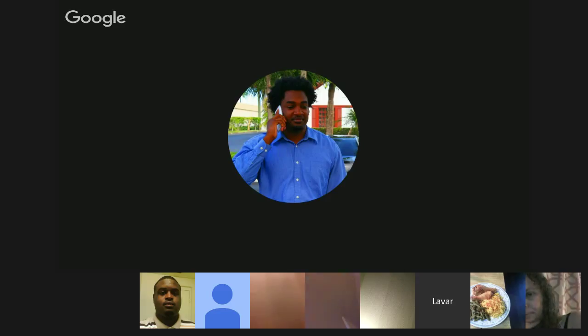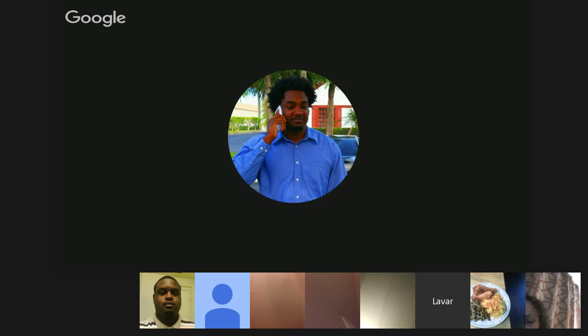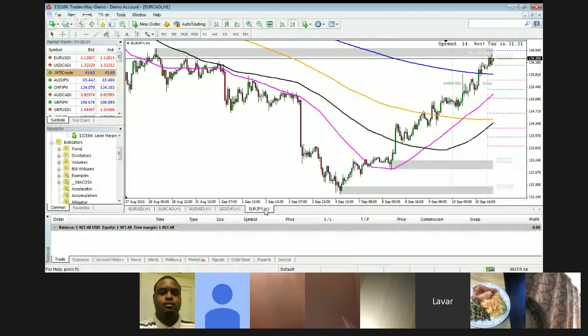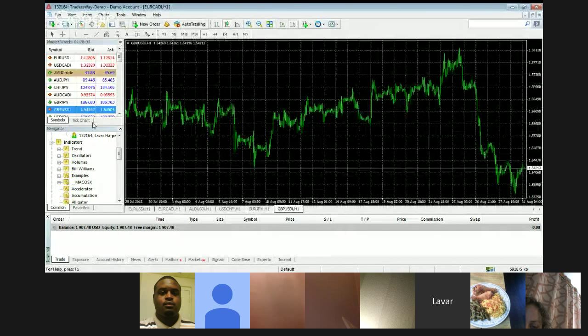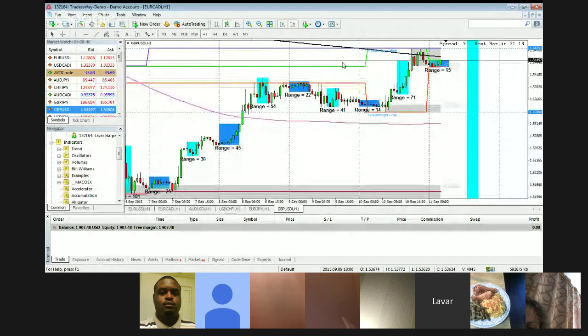So yeah, let's look at the Euro JPY trade. I believe Ocean Sky was talking about the GBP AUD, the British pound and Australian dollar, to rise.